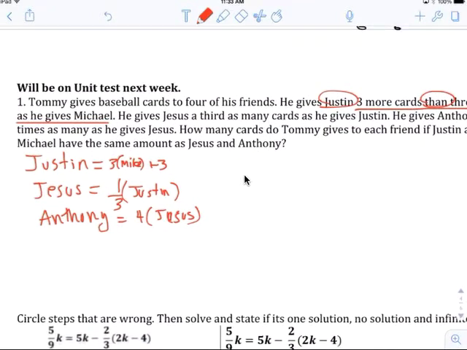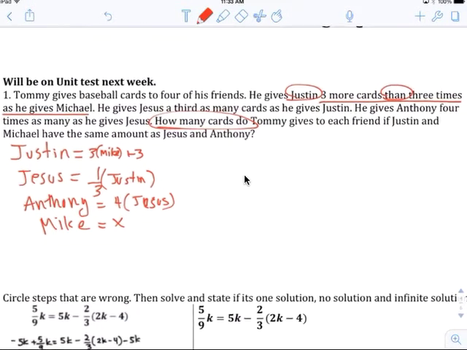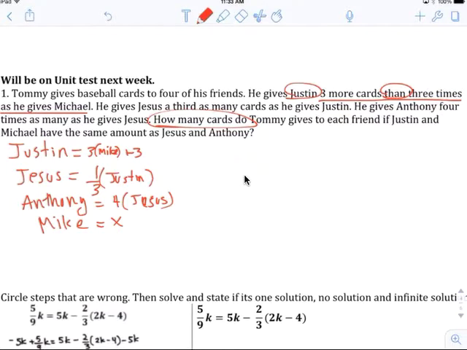Oh, here's where you guys may get confused. So far, how many cards? So here we don't have Mike. So Michael gets an X. Okay, how many cards does Tommy give each friend of Justin and?